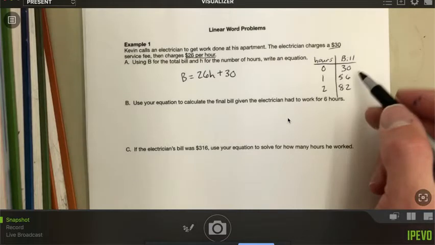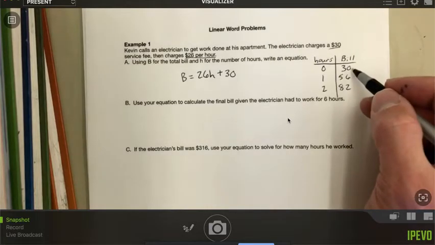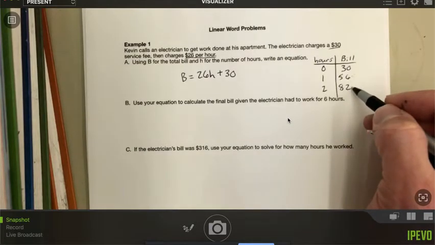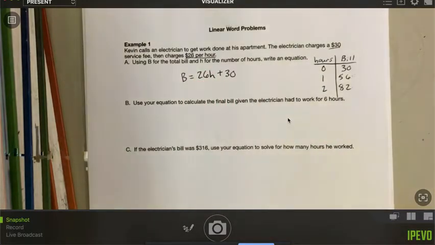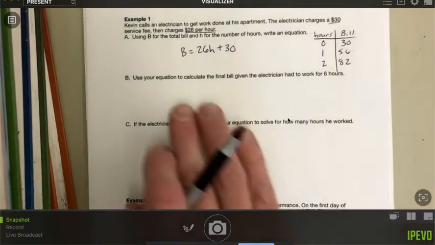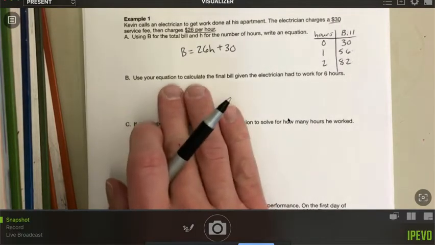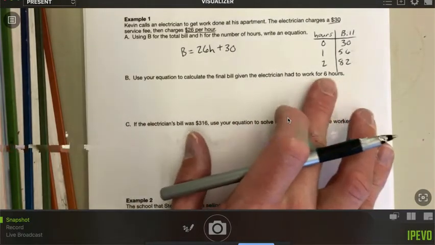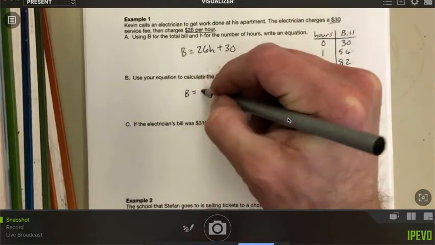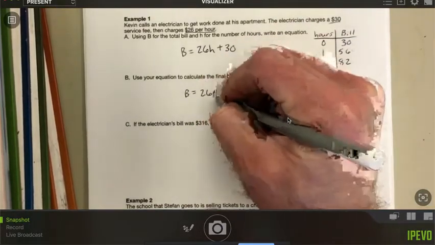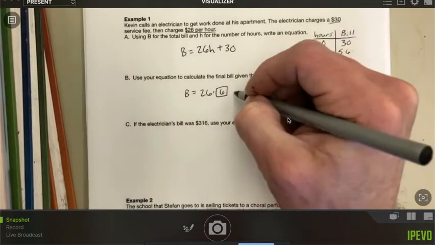Right here, just looking at the change, it changes by 26 and by 26 again. So that's just my rate showing up. Now I want you to be very intentional about using your equation to calculate. In this case, I'm giving you hours. So my bill is going to be equal to 26 times 6 hours of work.